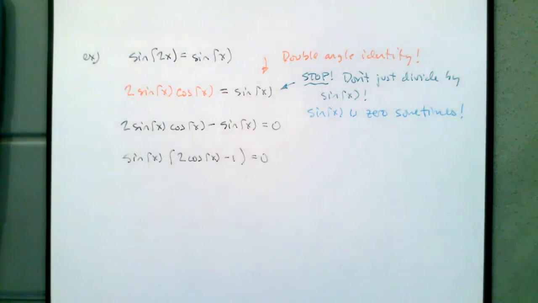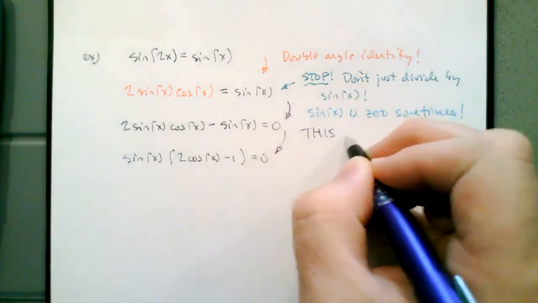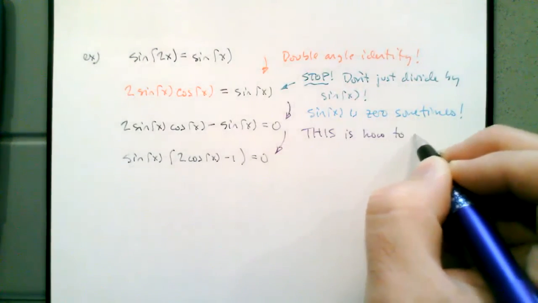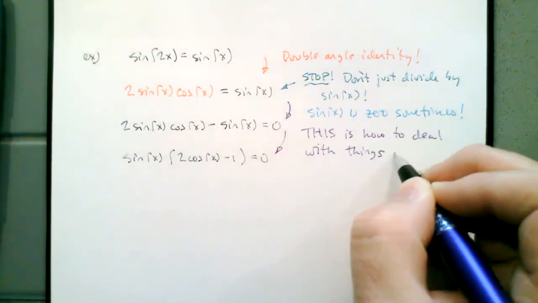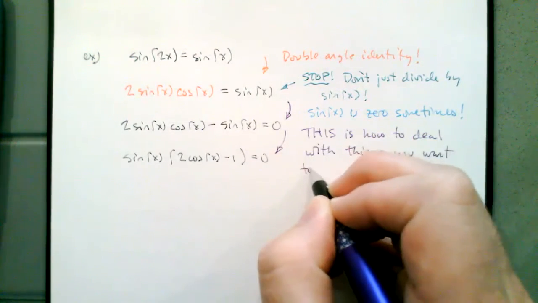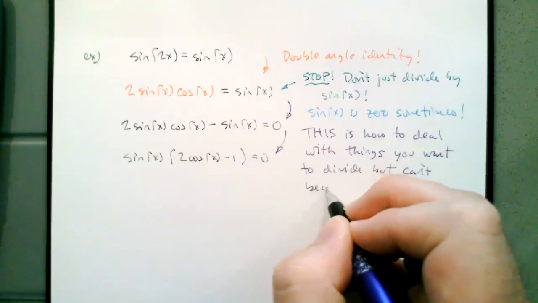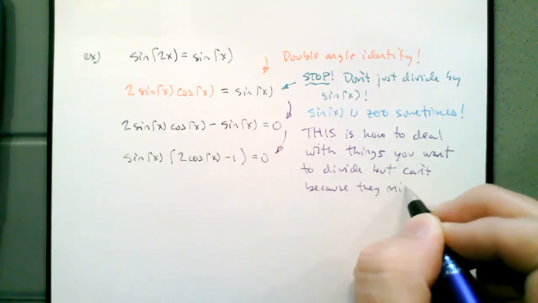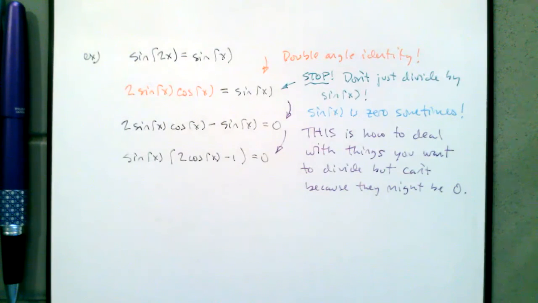This is how you, in an equation, deal with things that you want to divide but can't because they might be 0.